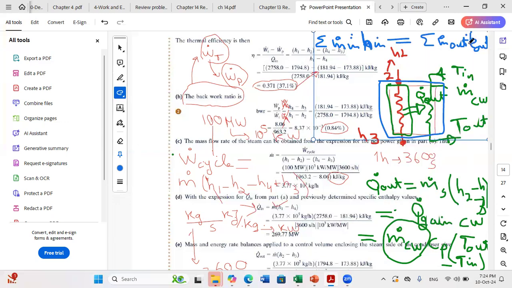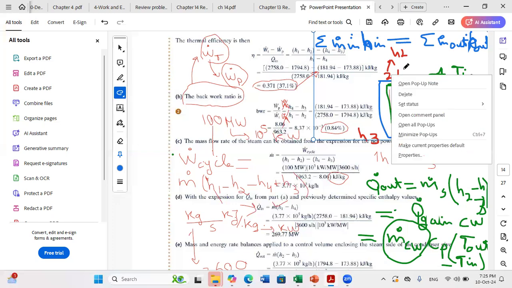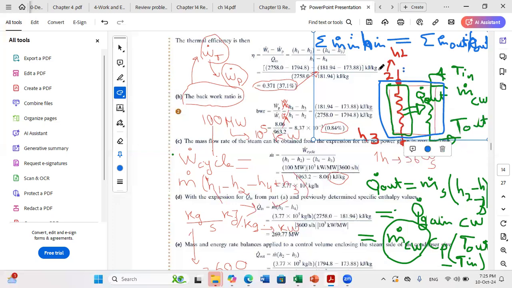Okay, and you have that, of course, neglecting variation in potential and kinetic energies. And for a liquid, you know that enthalpy can be computed as Cp times temperature. Okay, so you can write now, what are your inlets? You have two inlets here. You have 2 as inlet for the fluid circulating in the Rankine cycle, and you have another inlet for water.